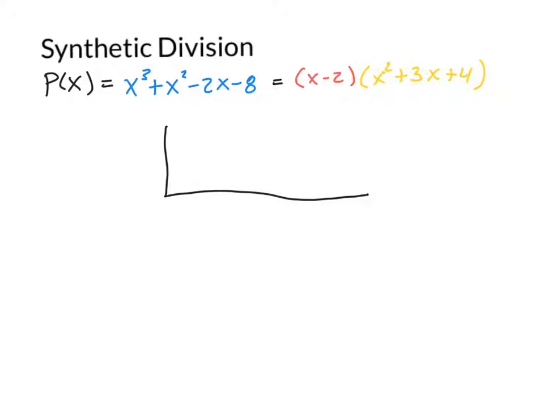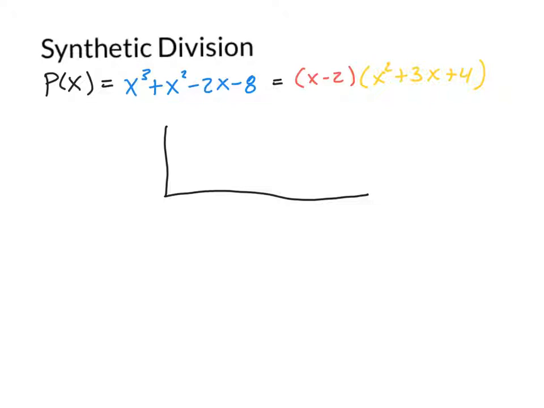So this box is to help me organize what's going on. And so what I have to do is I have to put my numbers for synthetic division in particular places. So the first thing that I'm going to do is take x minus 2 and I'm dividing it into x cubed plus x squared minus 2x minus 8.